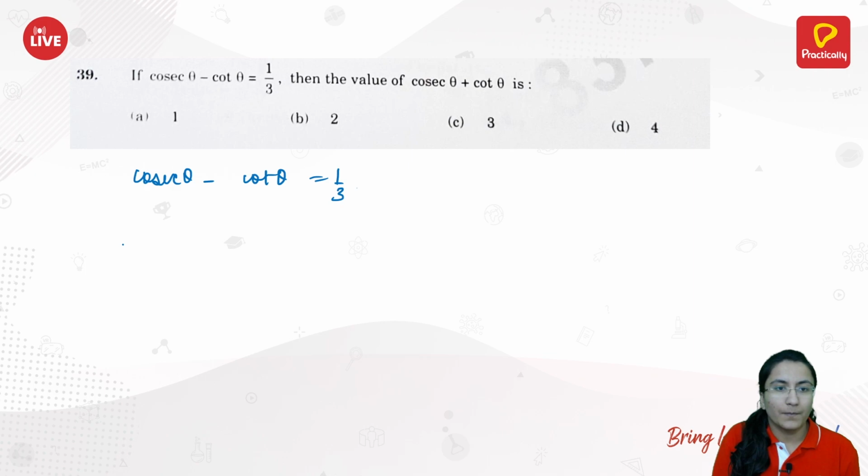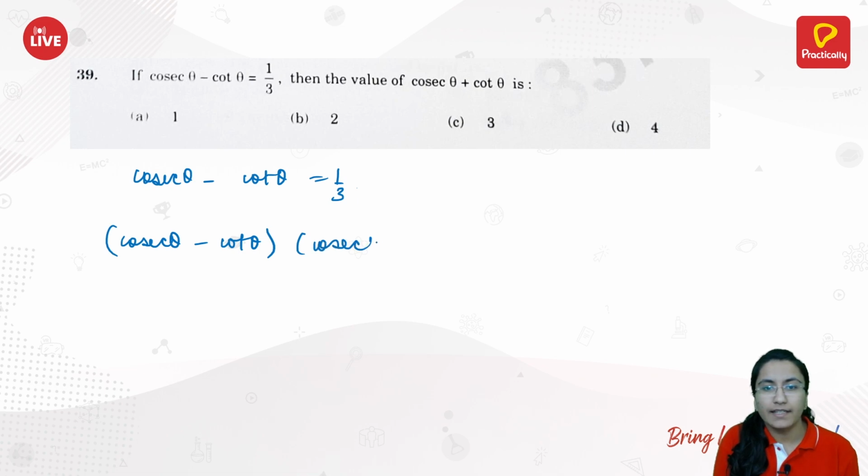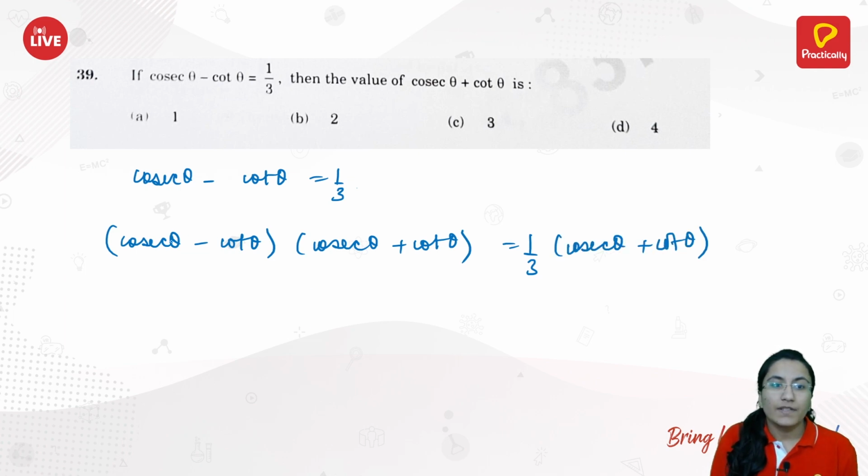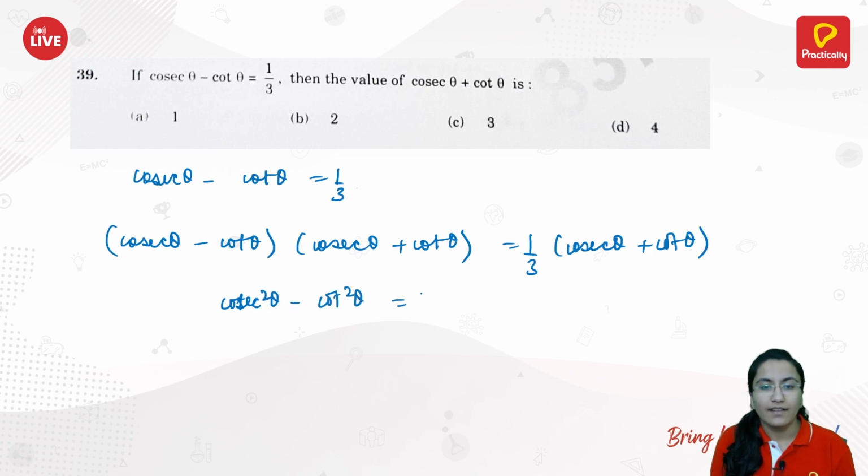Cosecant theta minus cot theta into cosecant theta plus cot theta is equal to 1 by 3 into cosecant theta plus cot theta. This is the same as cosecant square theta minus cot square theta, which is 1 by 3 into cosecant theta plus cot theta.